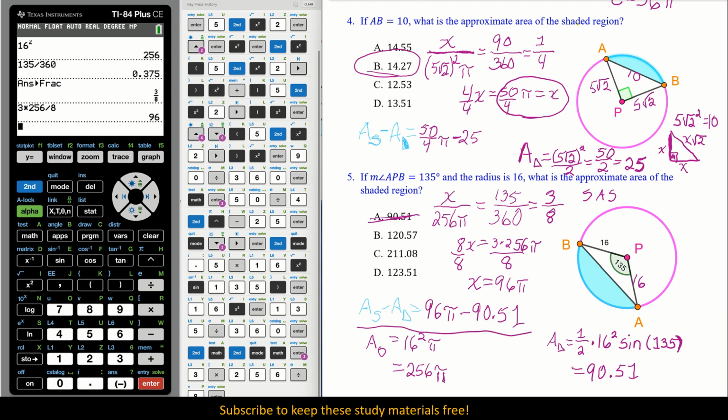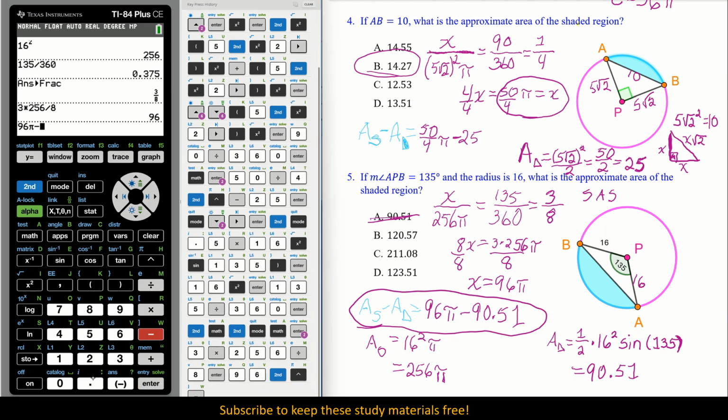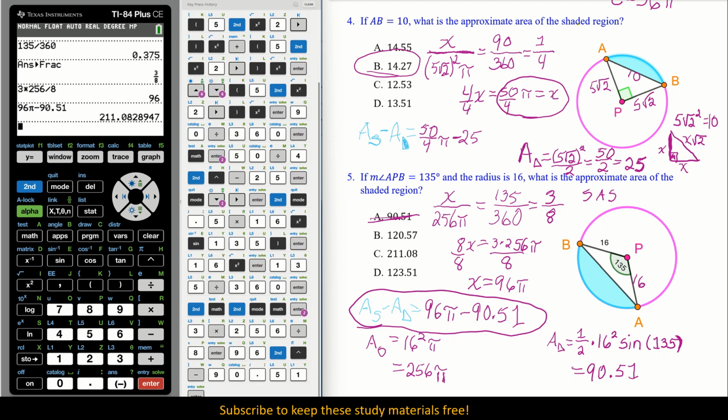Okay. I'm going to circle this, pull it all out. Okay. So let's put that in the calculator and see what happens. 96 second carry up minus 90.51 enter. Okay. So I get option C.